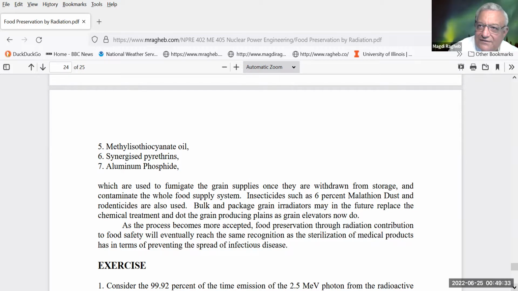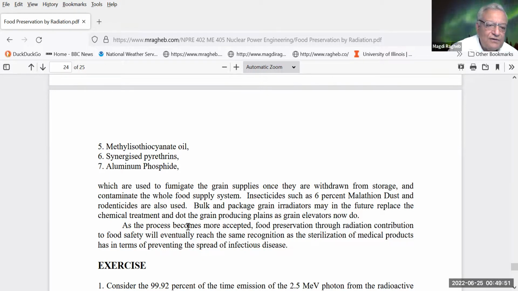the irradiation of medical products, the single use of medical products, not reusing them on individuals. And that could be hundreds of thousands of lives basically saved.